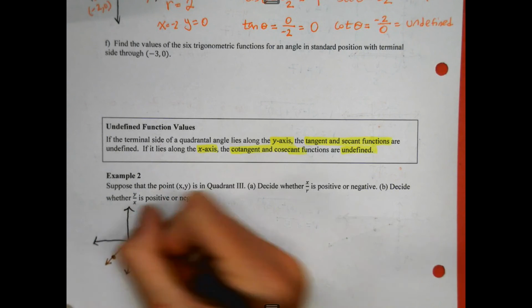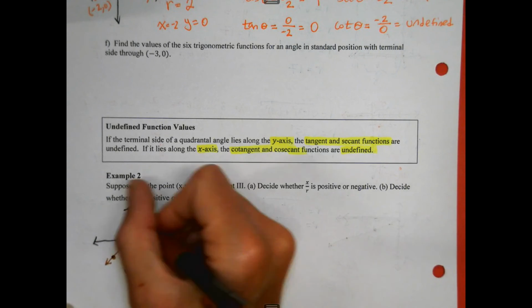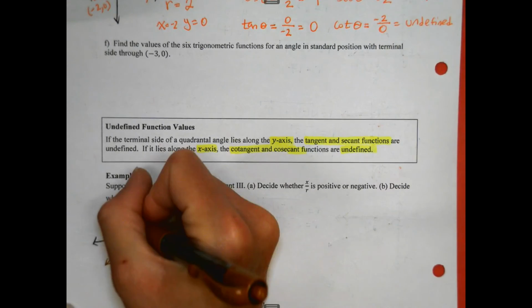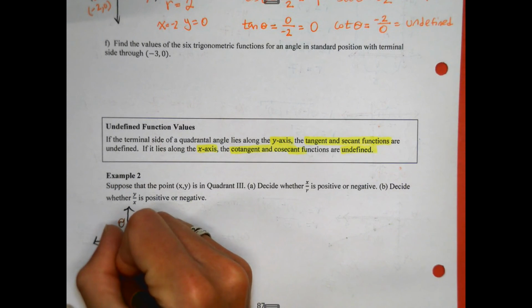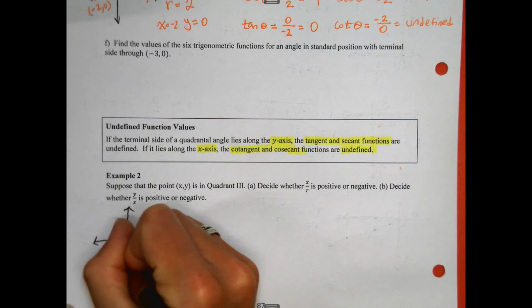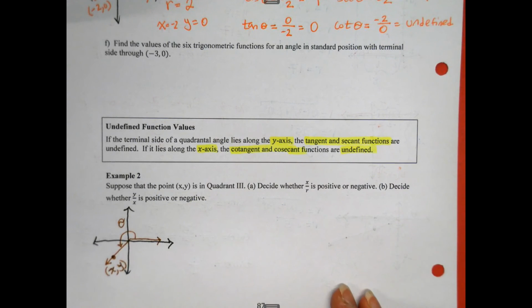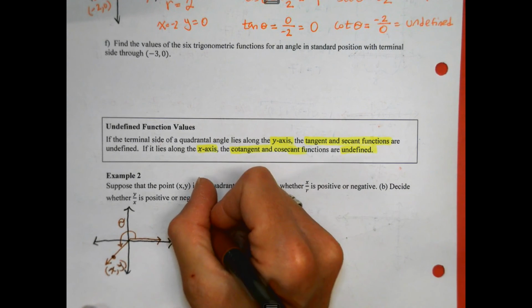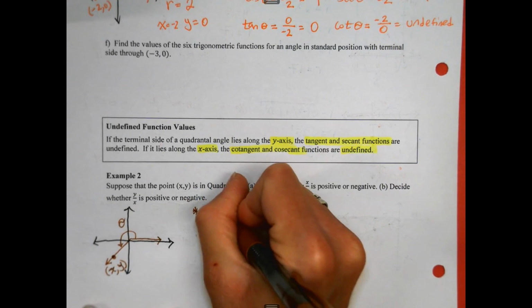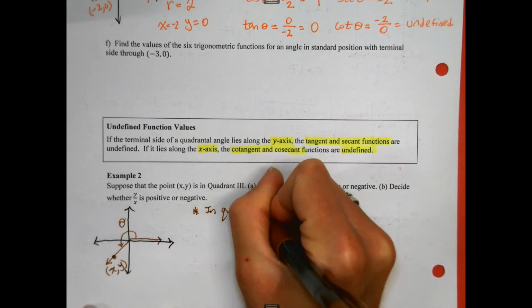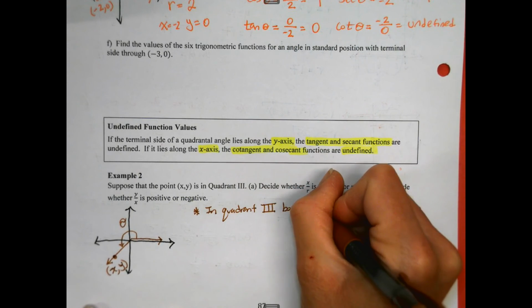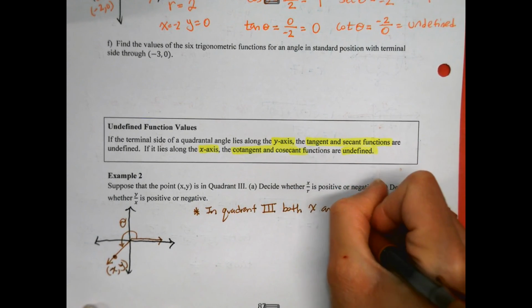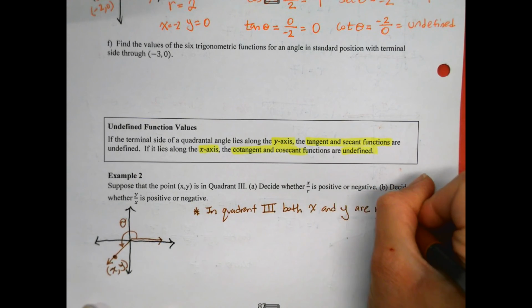We just know that there is a point on that line somewhere. And that point is going to have an x value and a y value, which are both negative. So we know that in quadrant 3, both x and y are negative.